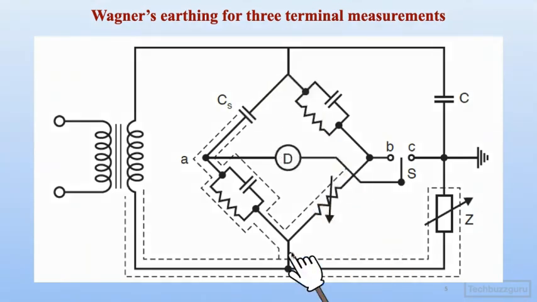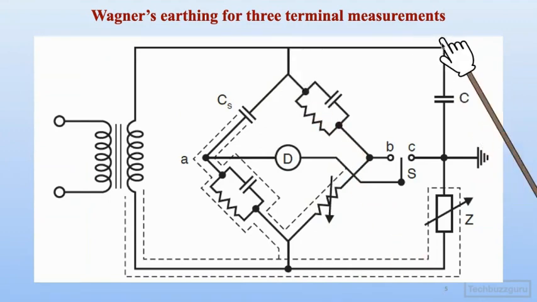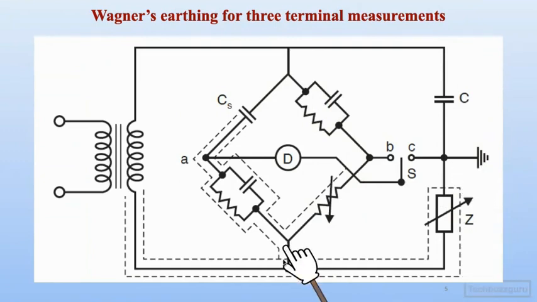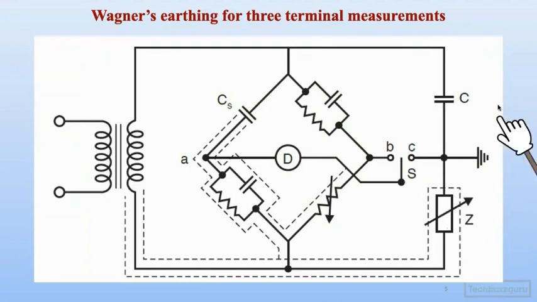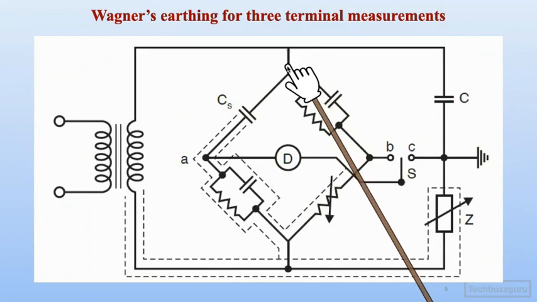So kindly focus your attention that this arm, and similarly this arm, are getting connected to the ground. Both these arms, top and bottom, are getting connected to the ground. When they are connected to the ground, it is ensured that it is through an additional set of bridge arms in the form of a capacitance and a variable impedance. 2 elements are inserted other than the ground capacitances.